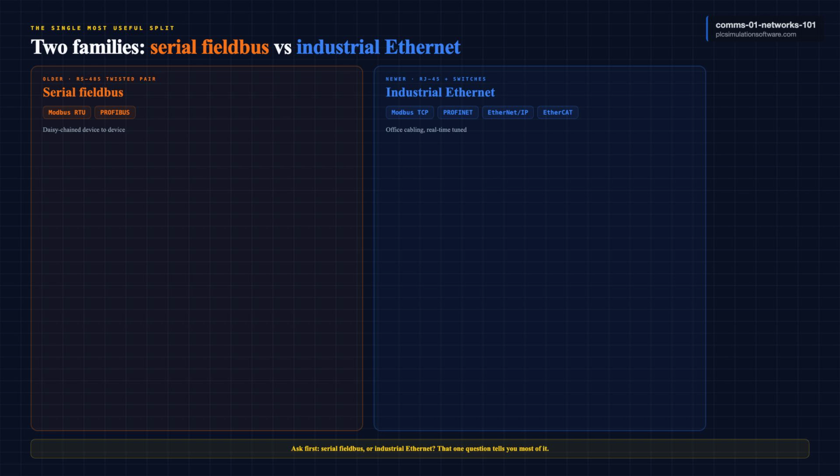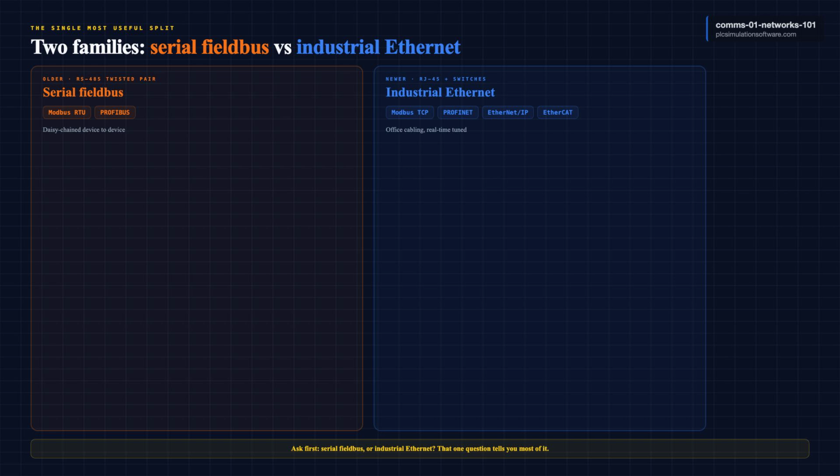Newer, faster, and built on the same RJ45 cables and switches as office networks, but tuned for real-time control. Modbus TCP, PROFINET, EtherNet/IP, and EtherCAT all live here. So the first thing to ask about any protocol is simple. Is it a serial fieldbus, or is it industrial Ethernet? That one question tells you most of what you need.